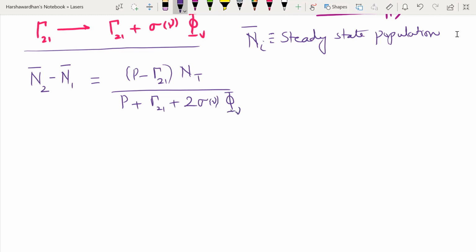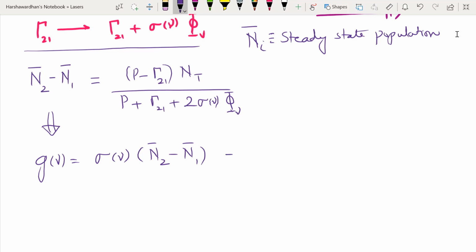Right? Now that you have got inversion, you can ask what is the gain of the system. Remember, by definition, the gain would be sigma nu times N2 minus N1, right? And I'm looking at steady state, so N2 bar minus N1 bar.